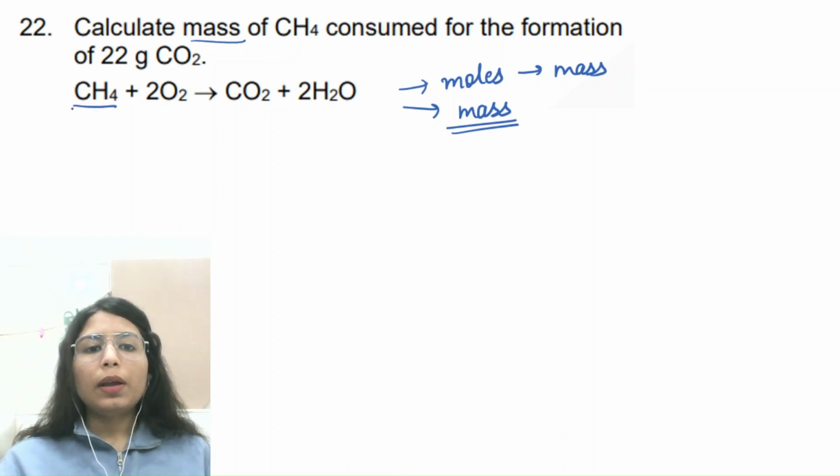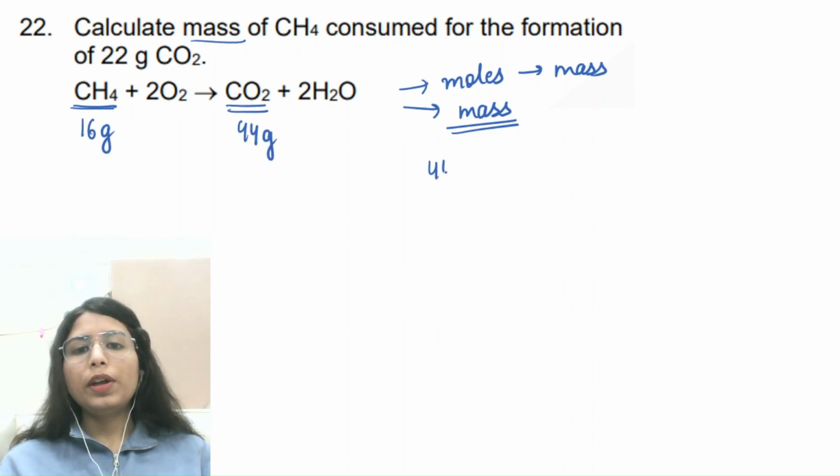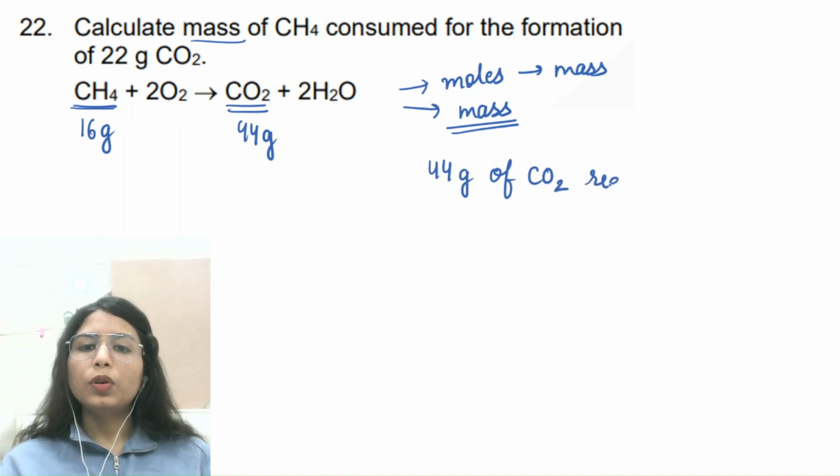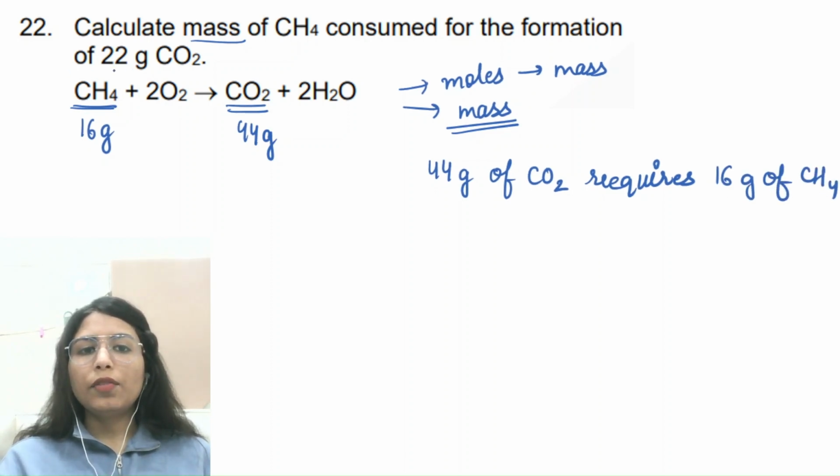If you calculate the mass of CH4, it comes out to be 16 gram, and if you calculate the mass of CO2, it comes out to be 44 gram. So if I use the unitary method, 44 gram of CO2 requires 16 gram of methane. It has given you 22 gram of CO2.